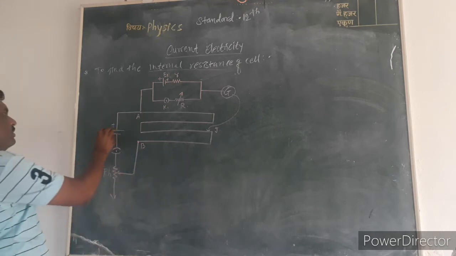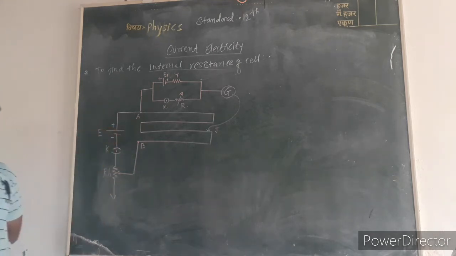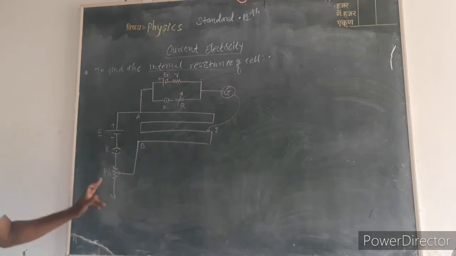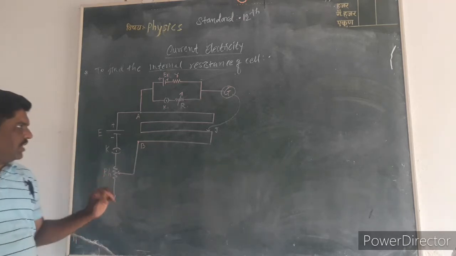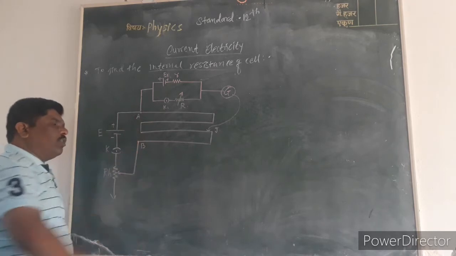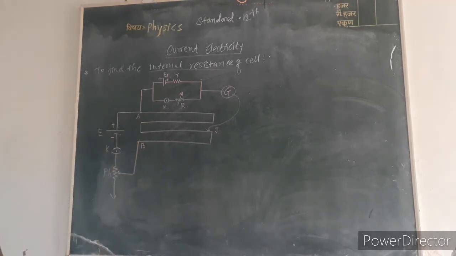The source or cell whose EMF E, plug key K and rheostat RH connected in series across potentiometer wire AB.